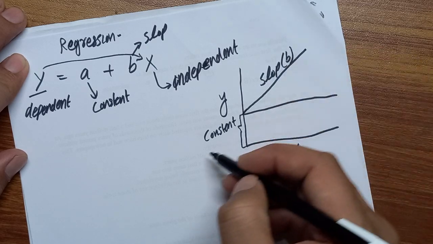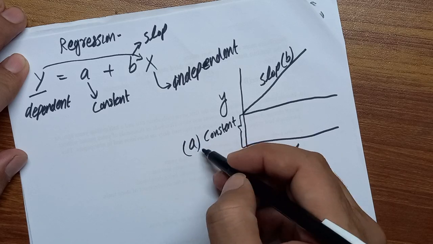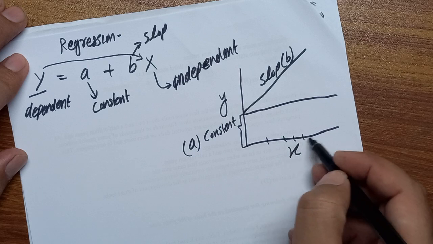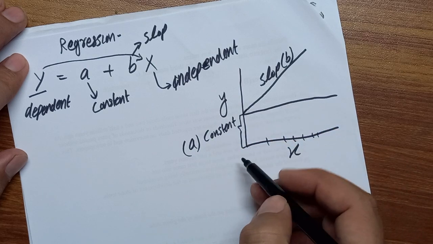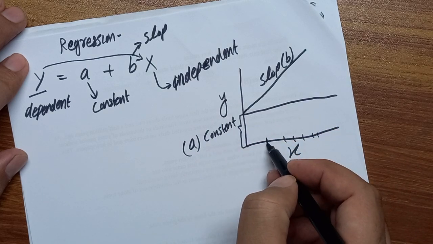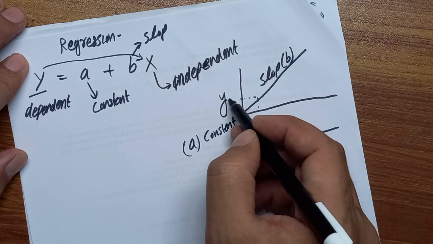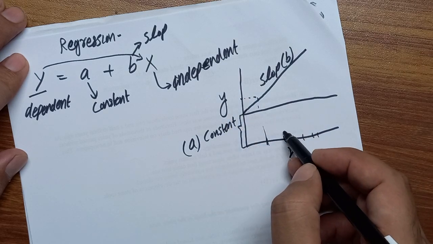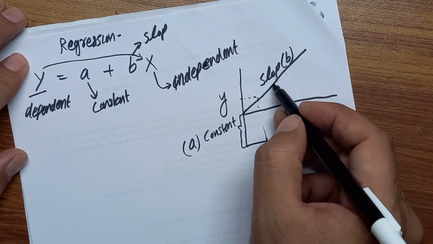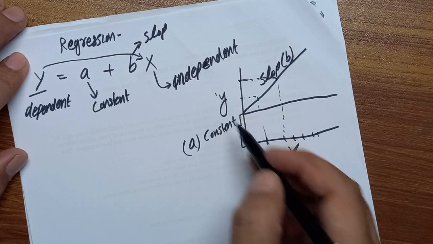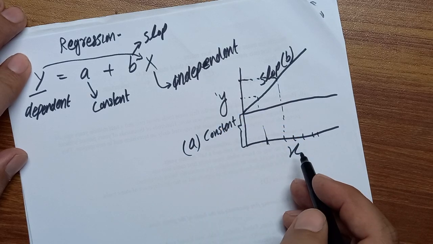So this is b, and this is a, and this is x, this is y. When x is changing, y will also change. Let's say x is 1, then y will also change. So y depends on x.